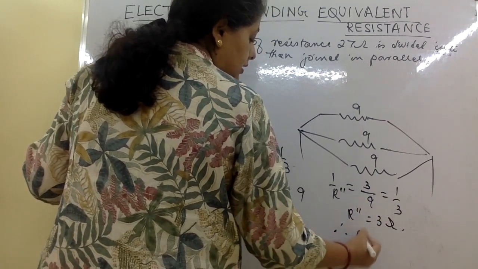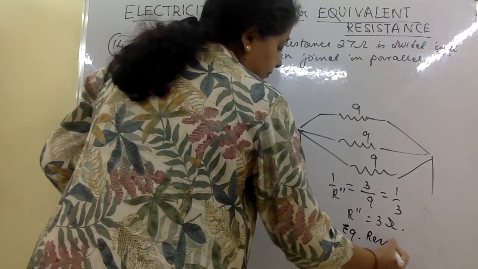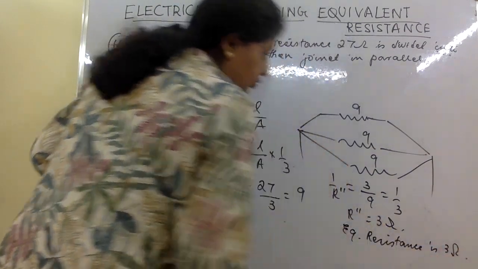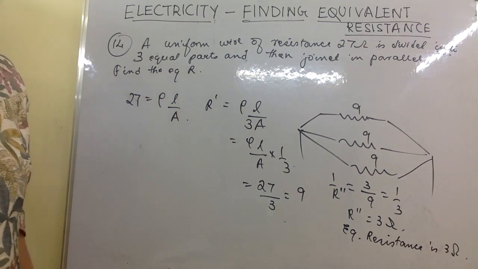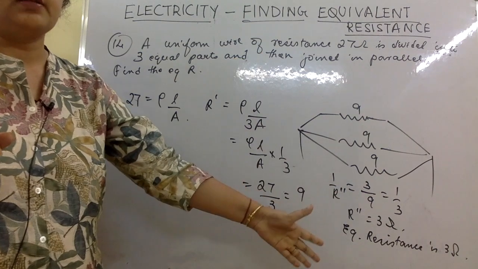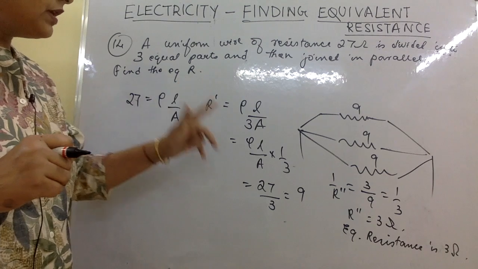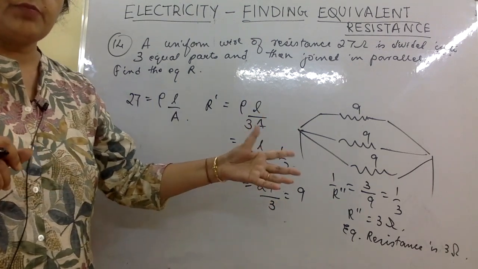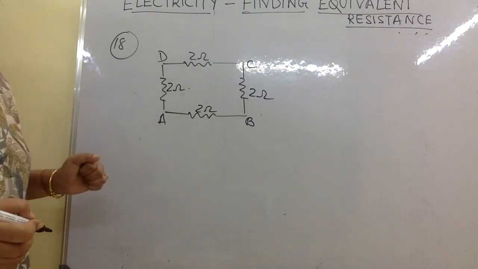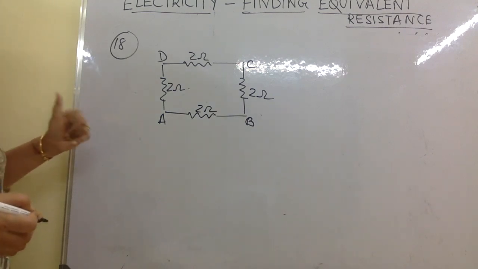Therefore, the equivalent resistance of the circuit is 3 ohms now. So keep noting, I have told you one thing, that when it becomes parallel, the final equivalent resistance reduces. It was 27, even after splitting it was 9, finally you put it in parallel and it becomes 3.